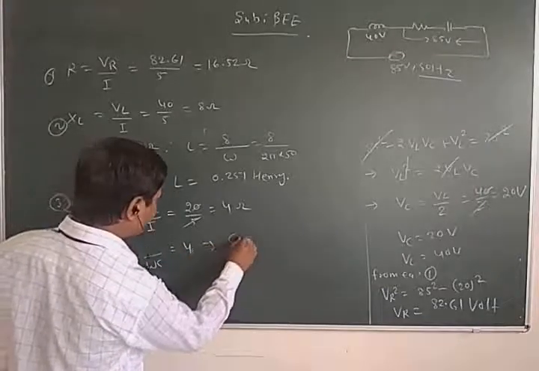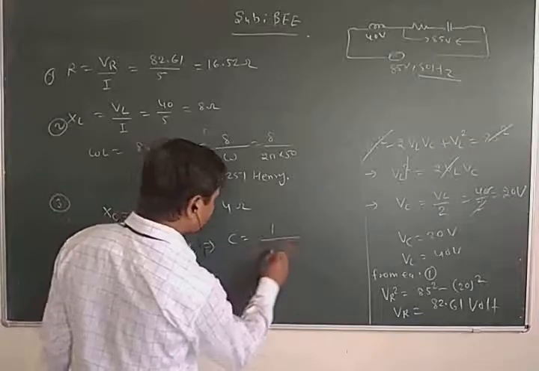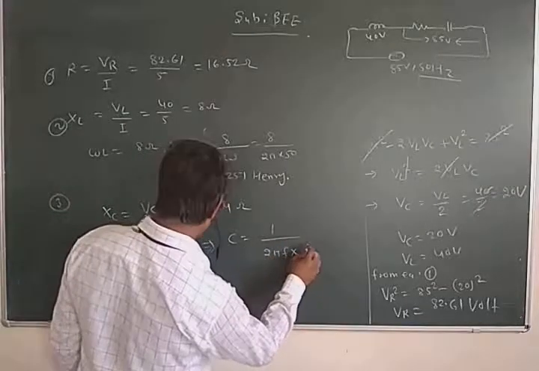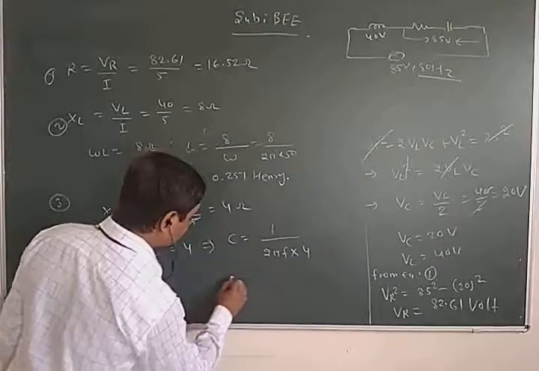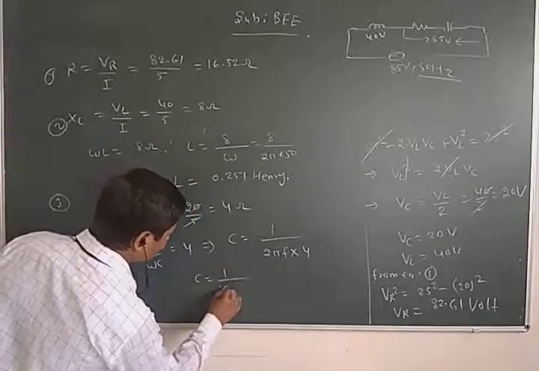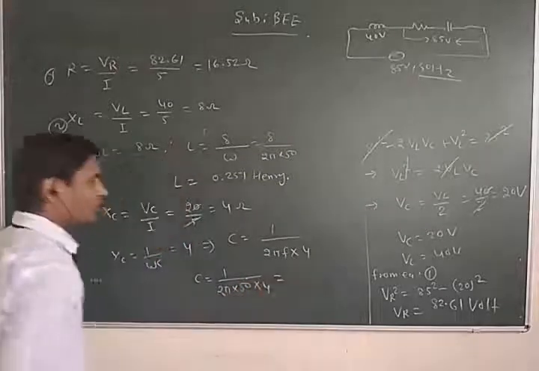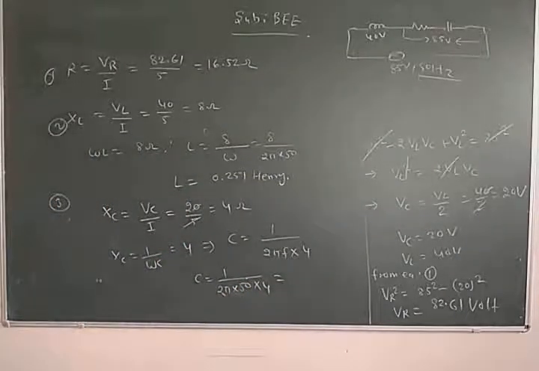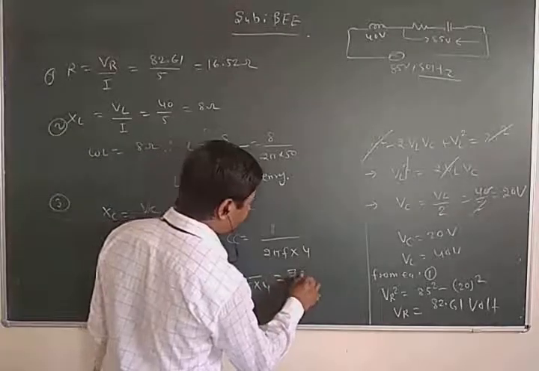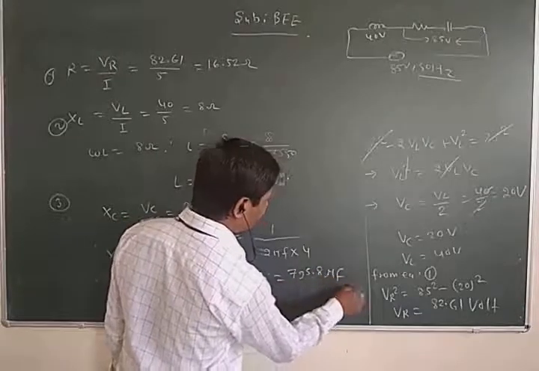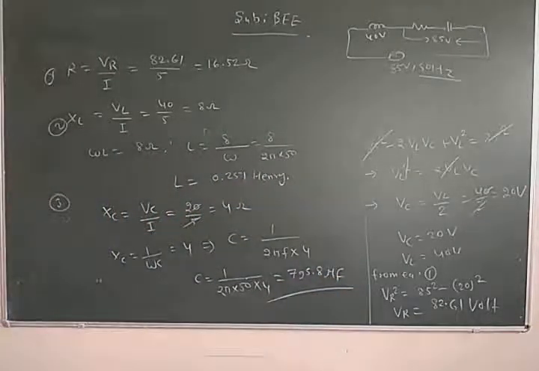So C is equal to 1 upon 2 pi f into 4, that is 1 upon 2 pi into 50 into 4. So the value of C is 795.8 microfarad. In this way we can calculate R, L and C.